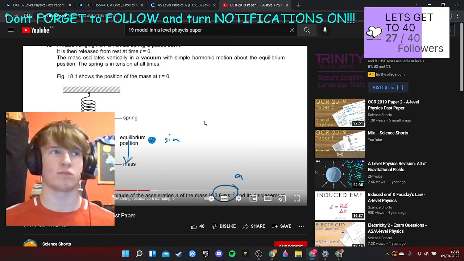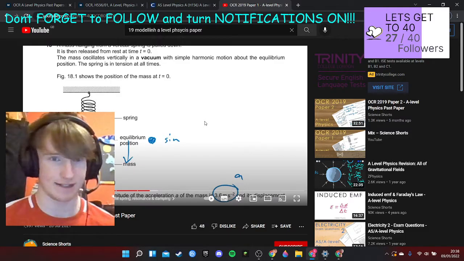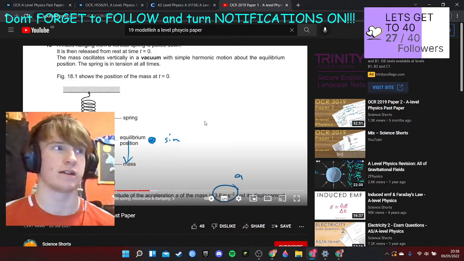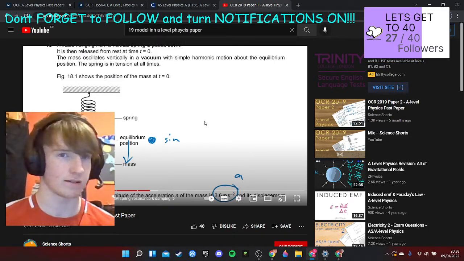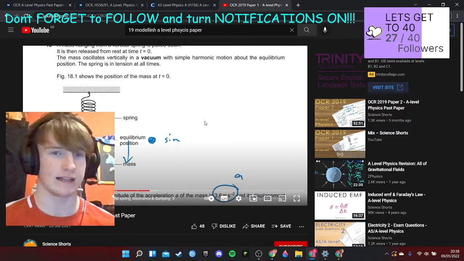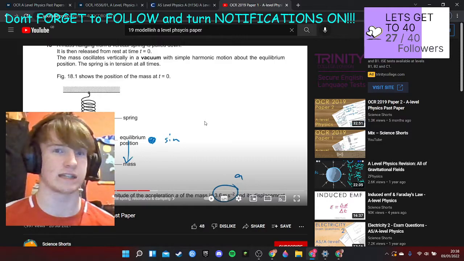What this says is that when the mass is at an amplitude, it's not at rest or equilibrium.